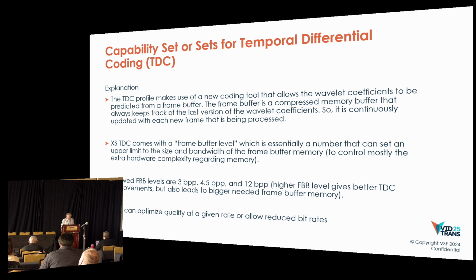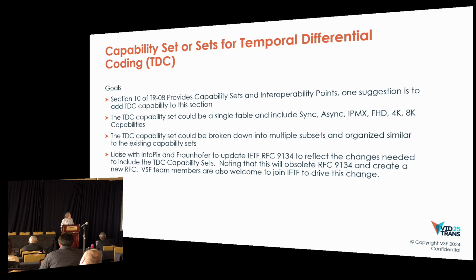So that's new items in JPEG-XS. Of course, there's no profiles in TR07 or 08 for this yet. So that's one of the things that has to be done. We look at this. In section 10 of TR08, there's capability sets and interoperability points. So one suggestion is to add TDC capability to this section of the document.